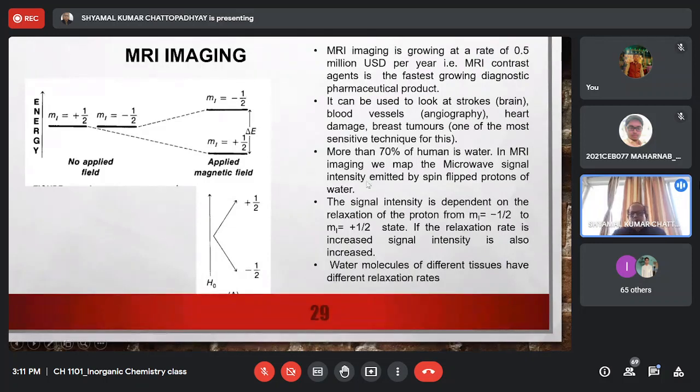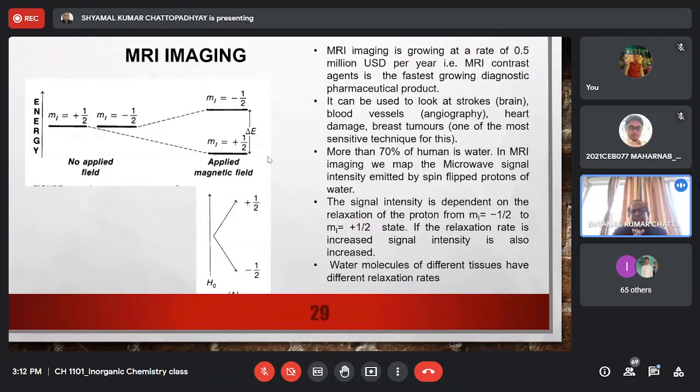So we are giving radiation to flip the spin of the proton from plus half to minus half, and the proton in turn will relax, and during relaxation it will emit radiation, right? It will emit microwave radiation, and this microwave radiation which is being emitted by the protons of the water molecules of your body is being monitored.